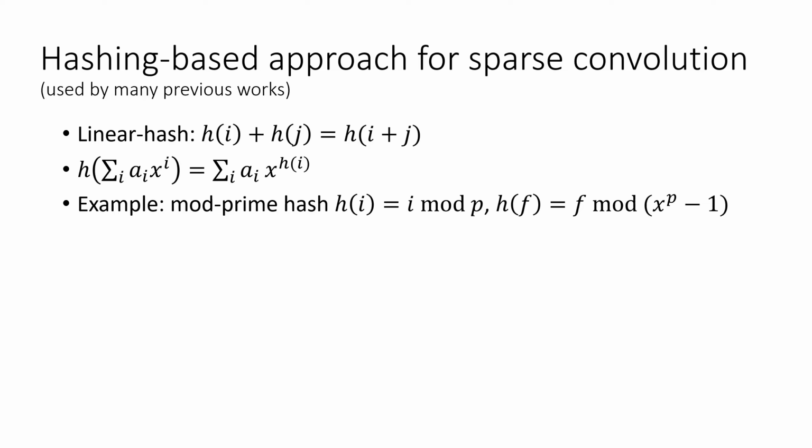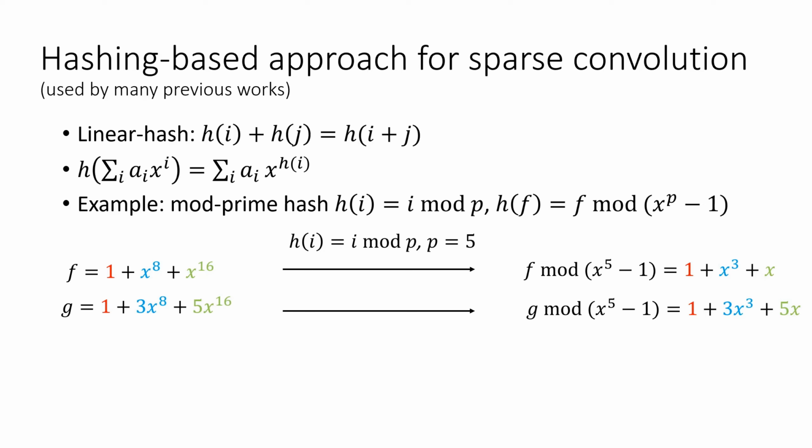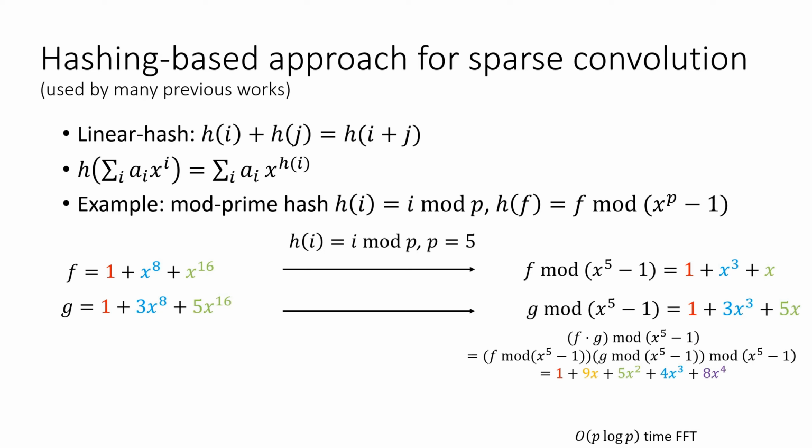Suppose we use the mod prime hash and we pick the prime p to be equal to 5. Then we can obtain the hashed version of input polynomials f and g, and the degrees of these two reduced polynomials are smaller than p. Then we can use them to compute the hashed version of their product f times g by an FFT in order p log p time.